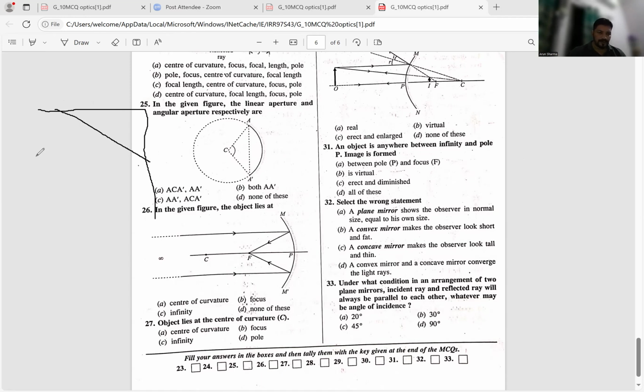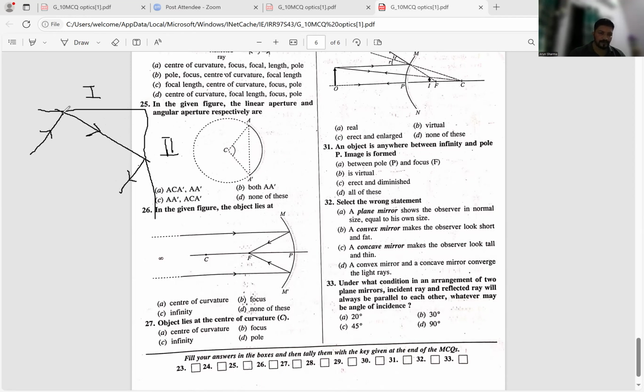So it means this is your incident ray. Incident ray strikes on it. This is mirror 1. This is your mirror 2. And this incident ray reflects with an angle, and this is also a reflected angle.